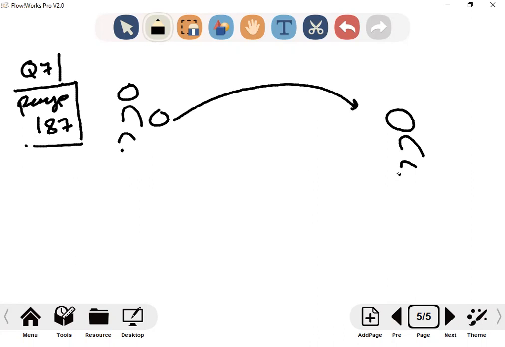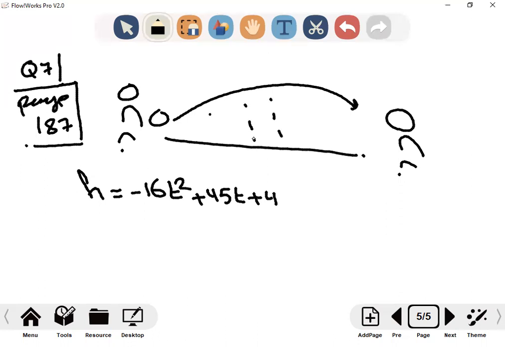This curve has a function. The function is h equals minus 16t power 2 plus 45t plus 4. Now, what's h? H is the height of the ball, right? T is the time in seconds.